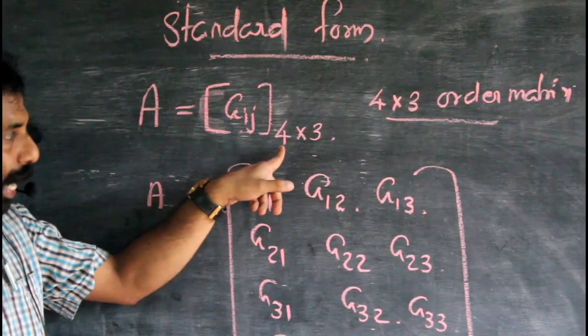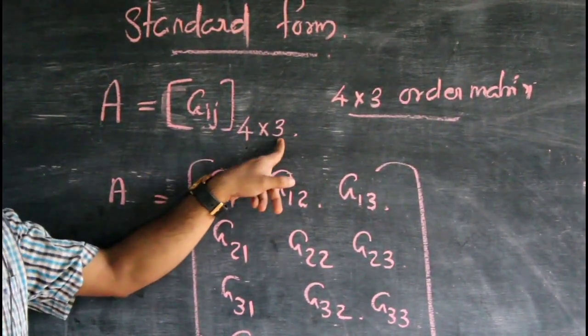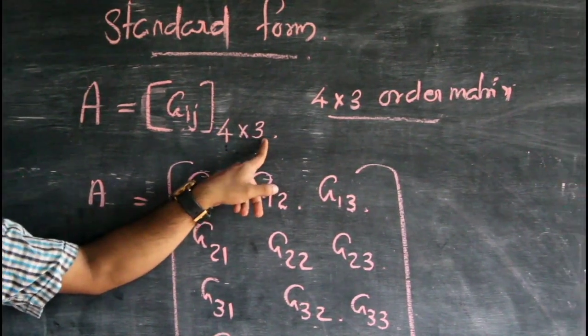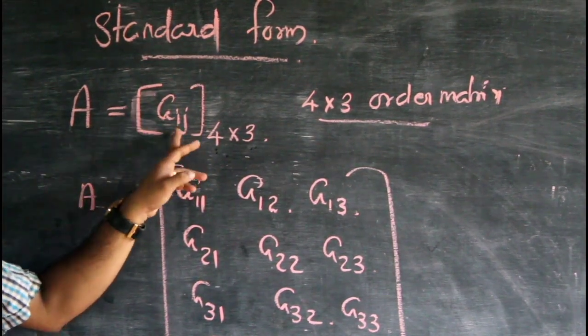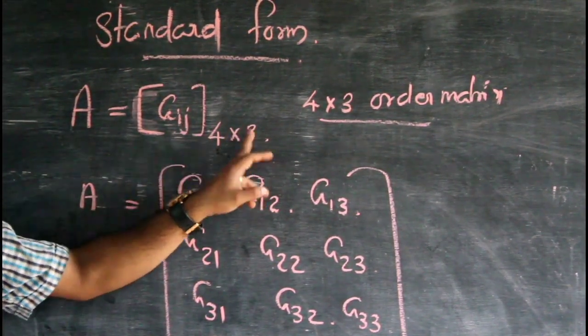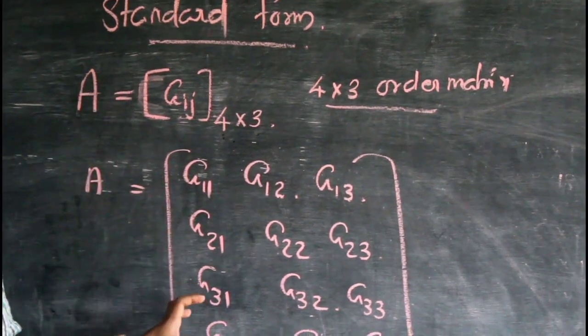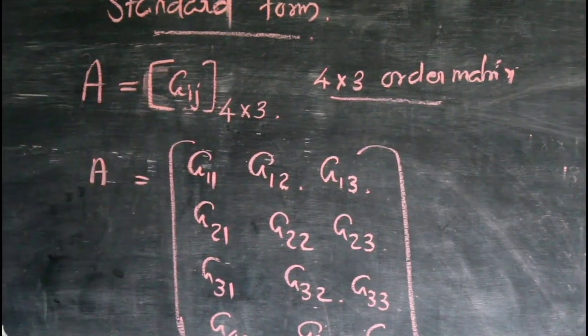That means i starts from 1 to 4 and j starts from 1 to 3. So there are 4 rows and 3 columns. i represents the row and j represents the column. Likewise, we can represent any matrix in standard notation.